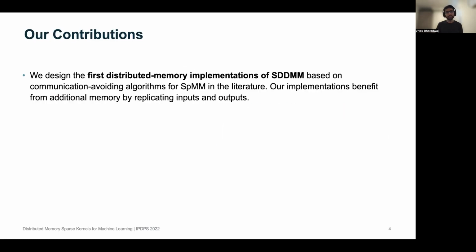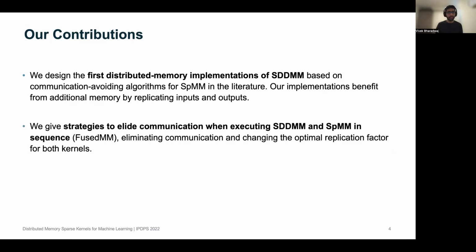we aim to tackle. So our contributions are, we're going to give the first distributed memory implementation of sampled dense-dense matrix multiplication, and we're going to do it by adapting existing communication-avoiding algorithms for SpMM that exist in the literature. And our implementations can scale and take advantage of extra memory on the cluster by replicating inputs and outputs.